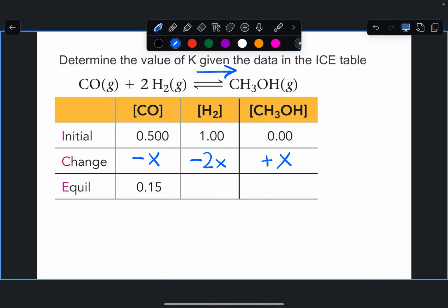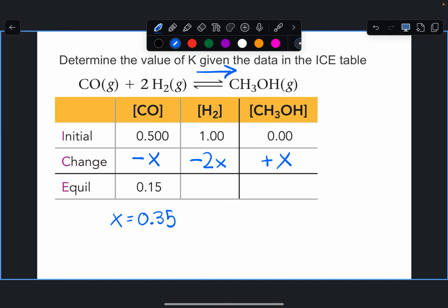Now, as I mentioned before, think of this line as an equals line, okay? The start minus the x is going to be equal to this. Well, 0.5 minus some value equals 0.15. I can say then that x is equal to 0.35, right? Because if I take 0.5 and I subtract 0.35, I get 0.15.